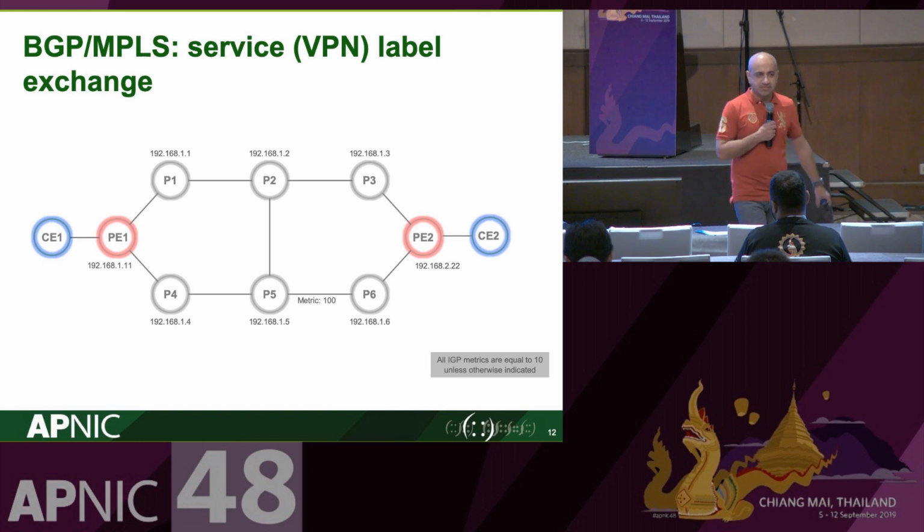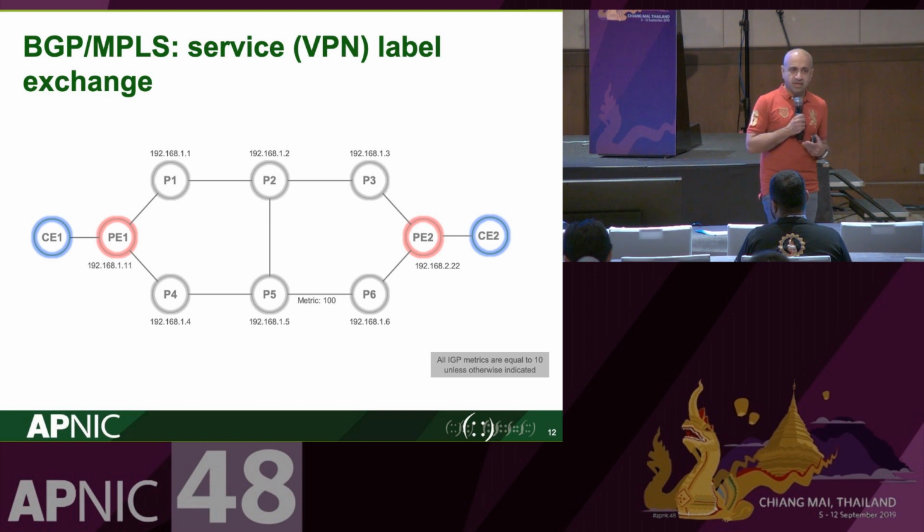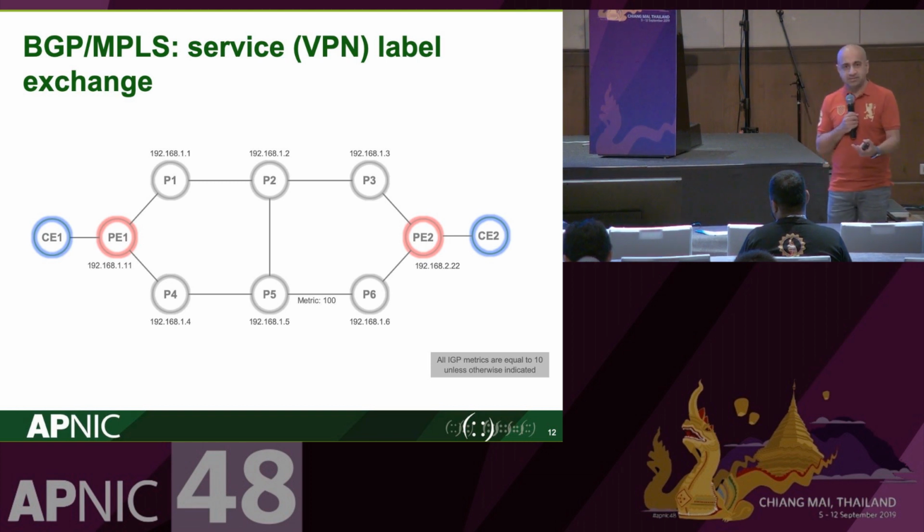I will just mention this for now because we will use this in subsequent examples. There is the concept of label stacking in MPLS. And what we mean by that is, the examples I've given you so far imply that there was one label on a packet. But you can actually have multiple labels on every packet, just like you can have multiple .1Q tags. We call that label stacking.